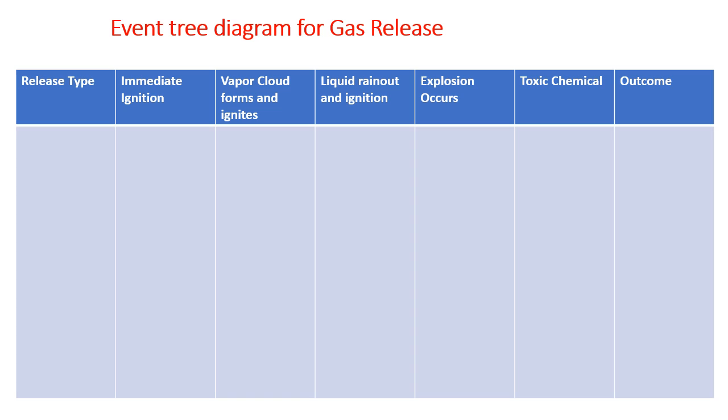Okay, let's now draw the gas release event tree diagram. Now, we have decided that the release type is gas release.